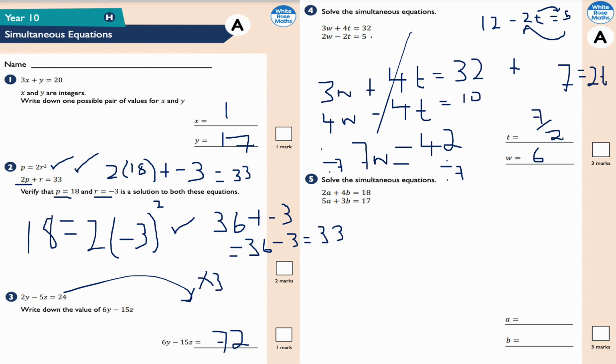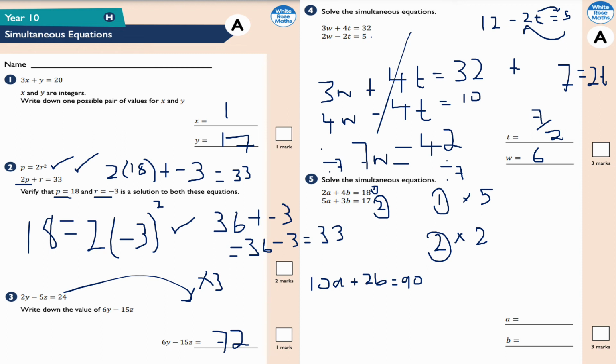Okay, so if I times equation 1 by 5, and equation 2 by 2, so we get the 10a's. 2a times 5 is 10a, plus the 20b. 18 times 5, guys, we should know that's equal to 90, because timesing by 5 is the same as times it by 10 and divided by 2.